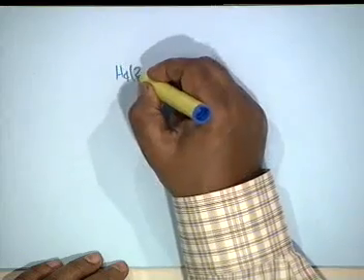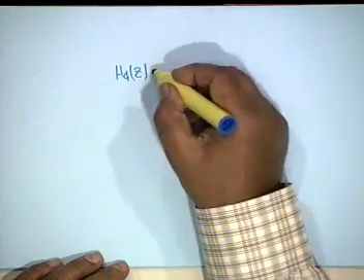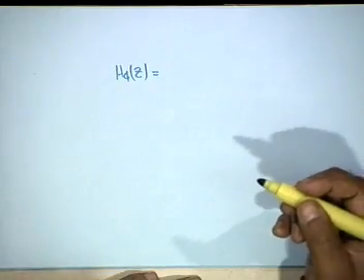Now let's take the second case. In the second case, we have a symmetrical impulse response of odd length. So let's take an H4(z).